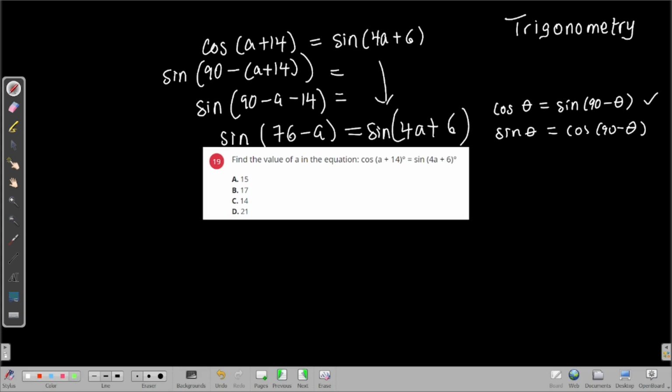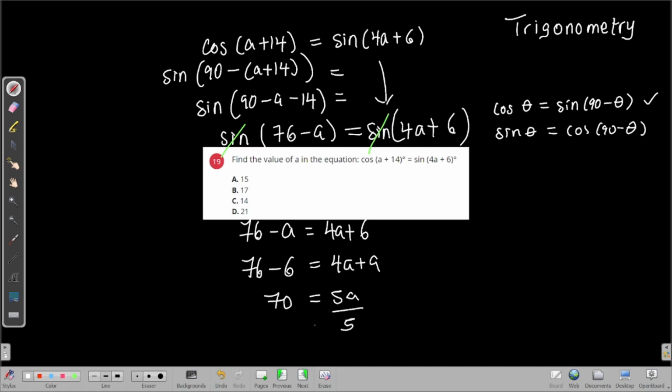So we can cancel out our sines, and we have 76 minus A is equal to 4A plus 6. 76 minus 6 is equal to 5A. Divide both sides by 5, and A is 14 degrees.